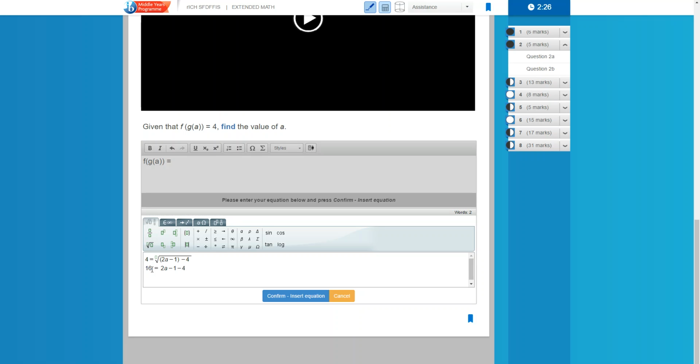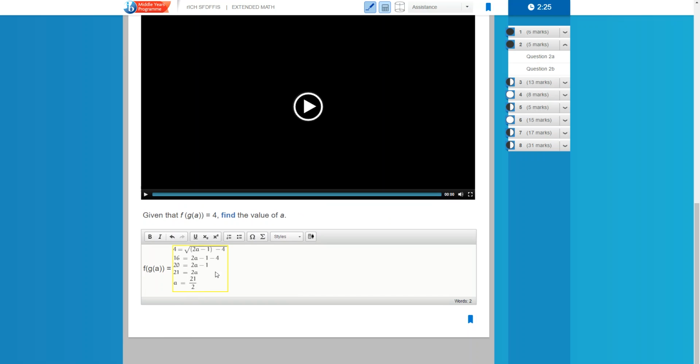Then, how do I take the minus 4 to the other side? Add it, right. So I get 16 plus 4 is 20 equals 2a minus 1. Then, good, 21 equals 2a. A equals 21 over 2. Good. And I've done all of that in the equation editor, okay?